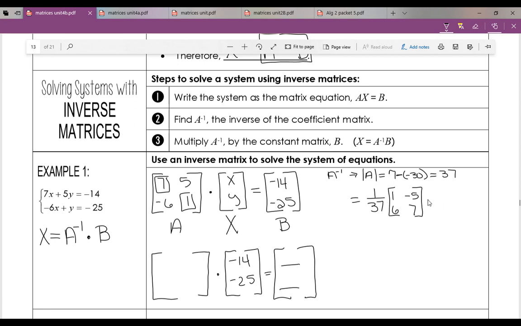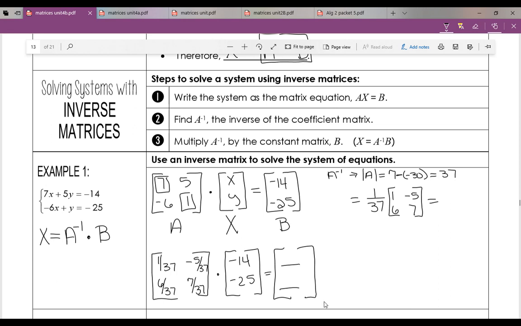So 1 over 37 times 1 is 1 over 37. 1 over 37 times negative 5 is negative 5 over 37. 1 over 37 times 6. And 1 over 37 times 7. Now, none of those numbers actually reduced or divided out evenly. So as ugly as that is, that's my inverse.